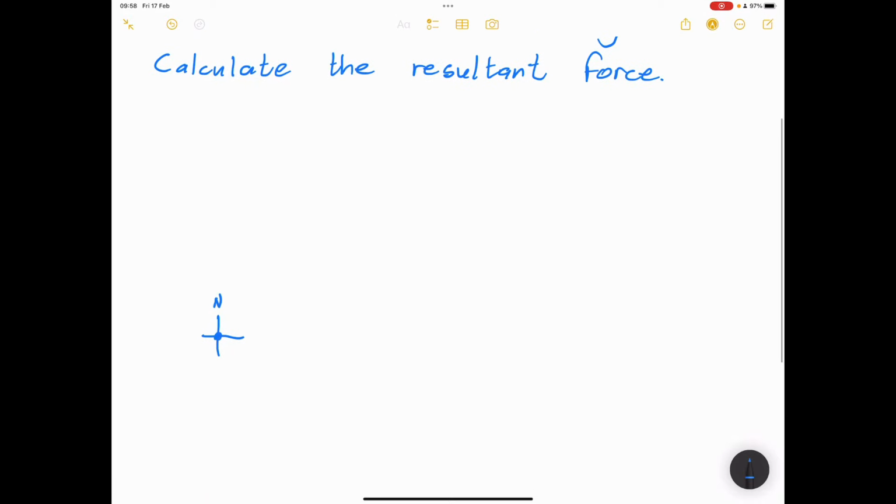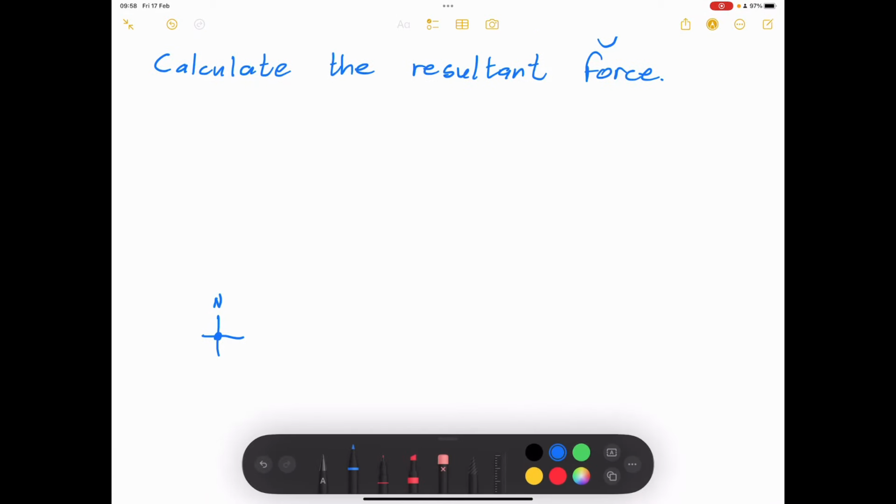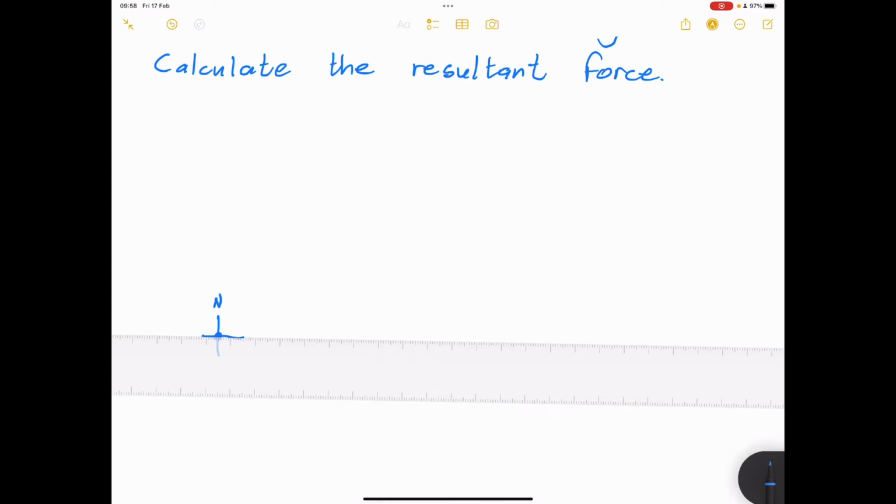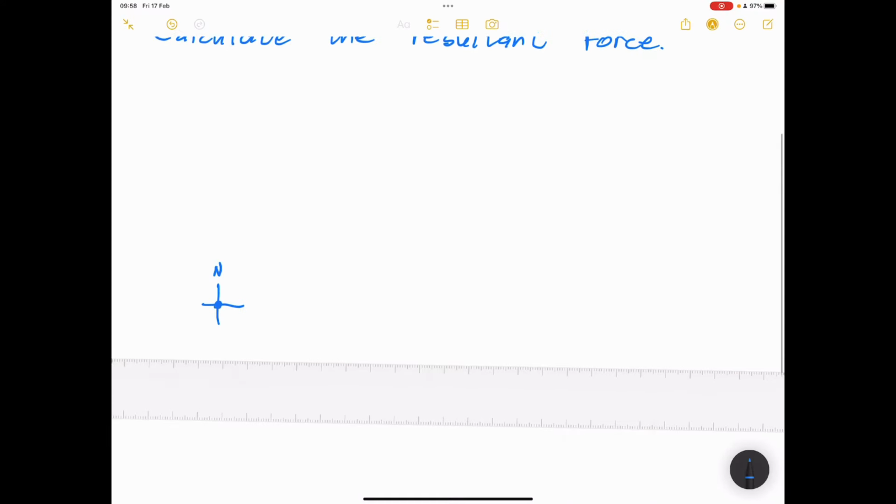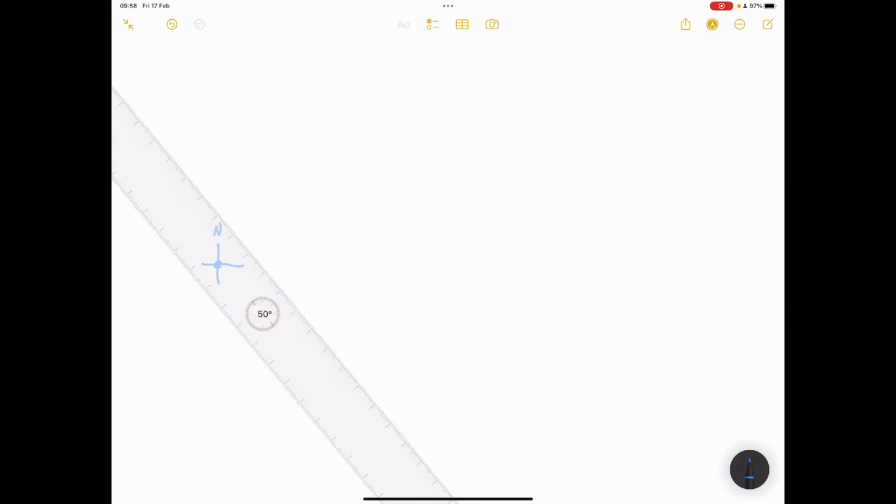Now, if you really wanted me to be accurate with it, if I take my north line, I'm going to have to measure 25 degrees. That's 90 degrees over there, so I must measure 25 degrees from there.